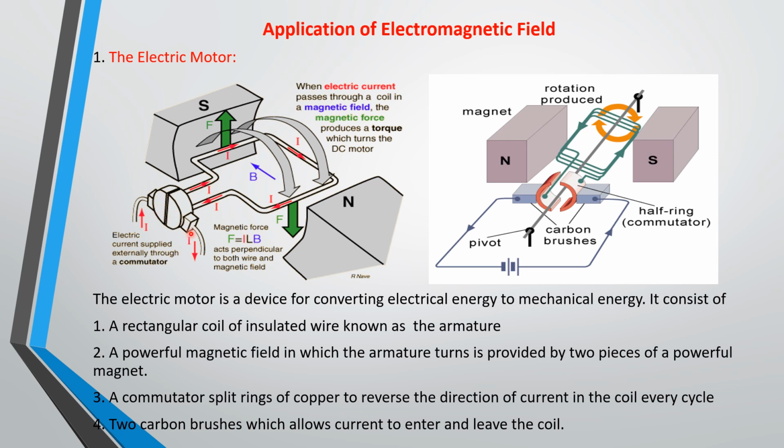These are the carbon brushes that allow current to come in or go out. If you open a typical electric motor, you will see the carbon brushes. So these are the components of the electric motor.